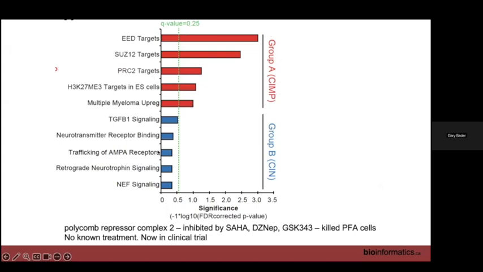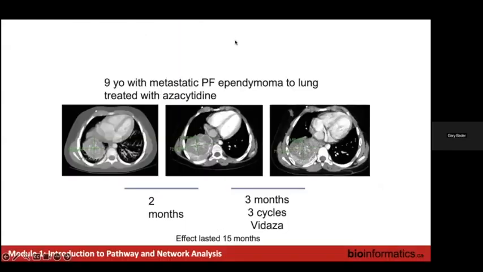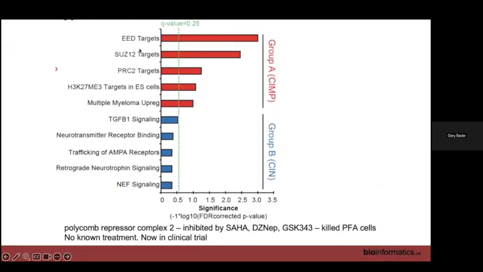Just to summarize, the take-home message is that everything above this green line is significant, and there was only one real pathway that was coming up, which is the targets of the PRC2 complex. And interestingly, before this study, there were no known mechanisms associated with causing ependymoma, and there's no treatment other than radiation and surgery. So there are no targeted drugs or anything like that.